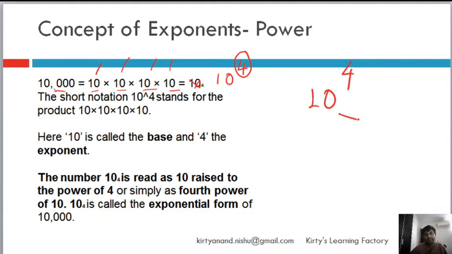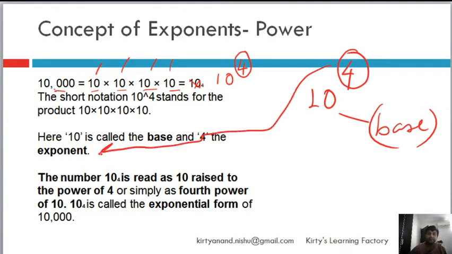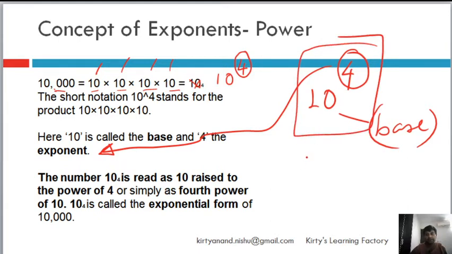where 10 is the base, the number which is raised to any other number's power is the base. This 4 is known as the exponent, and this whole number is read as 10 raised to the power 4. So it is a number which is expressed as a power of another number.